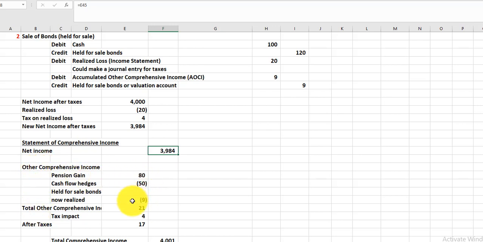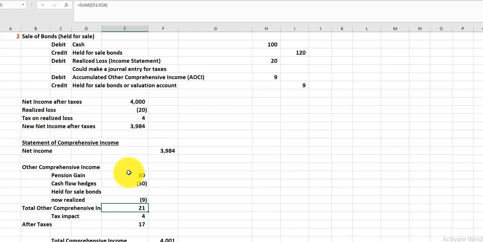Okay, and then the other one is that 9 we just dealt with, right? We have to get rid of it. It impacts AOCI, so it is part of other comprehensive income. Okay, and since it is a debit, it's going down, right? Because these are equity accounts, so debits make them go down, credits make them go up.